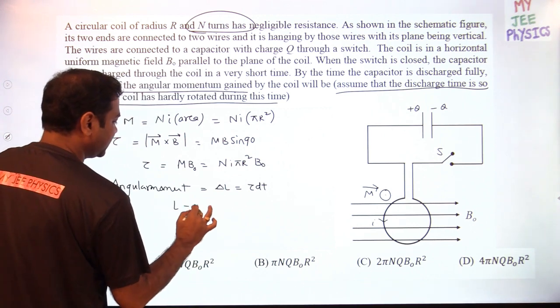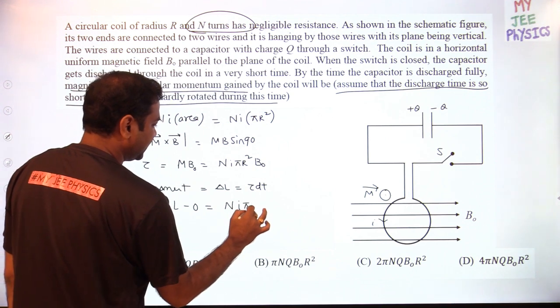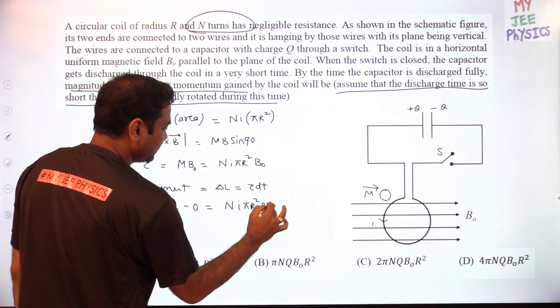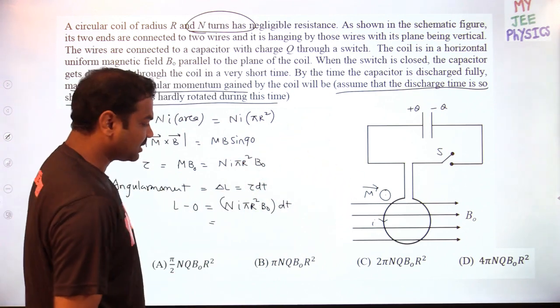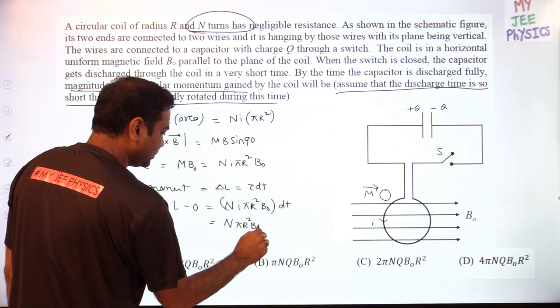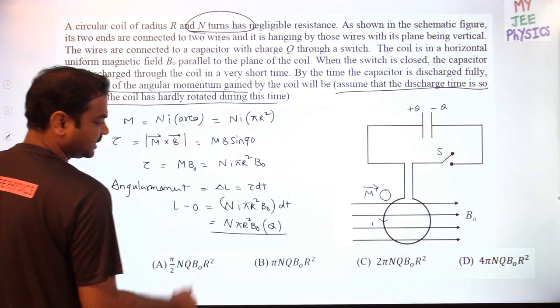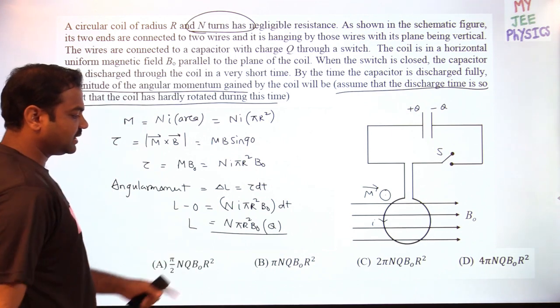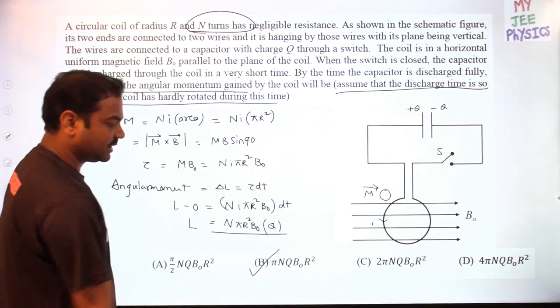Final angular momentum minus initial angular momentum is equal to tau into dt, n into I into pi r square B naught into dt. dt is a very small time during which the charge passes through the coil. So n into pi r square B naught into I dt is nothing but q, the initial charge. So finally the angular momentum value is n pi r square B naught q. So this should be the answer.